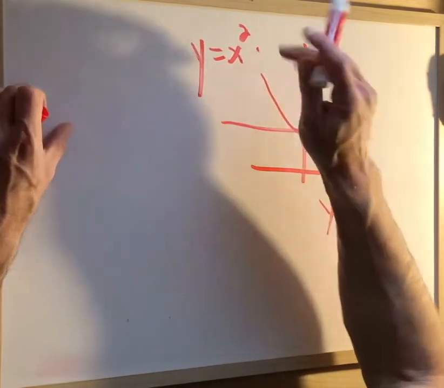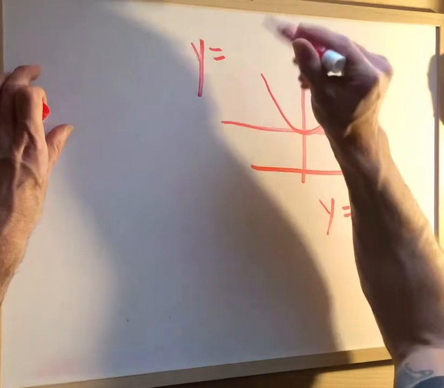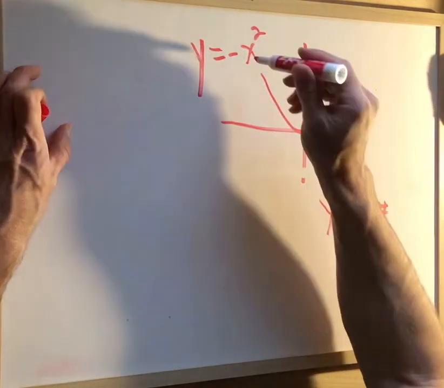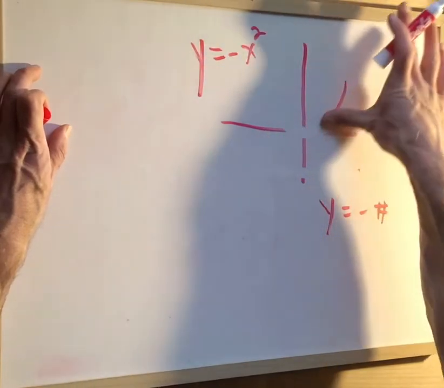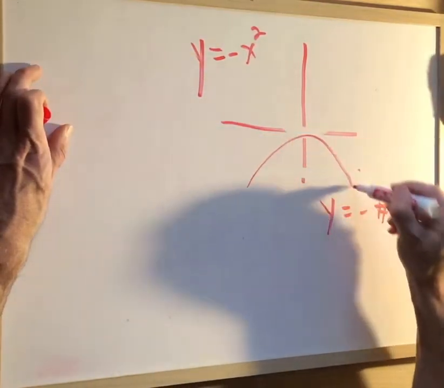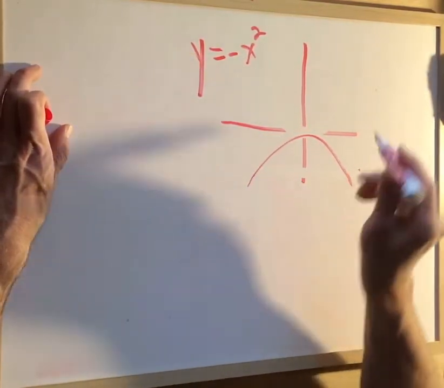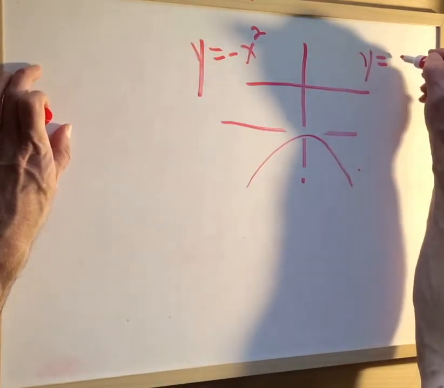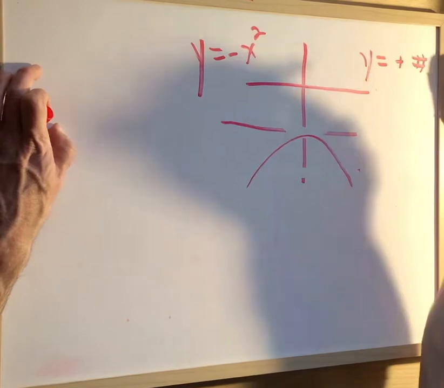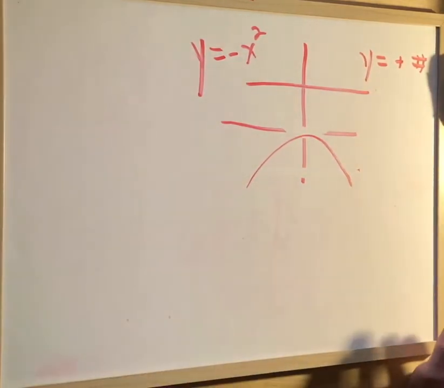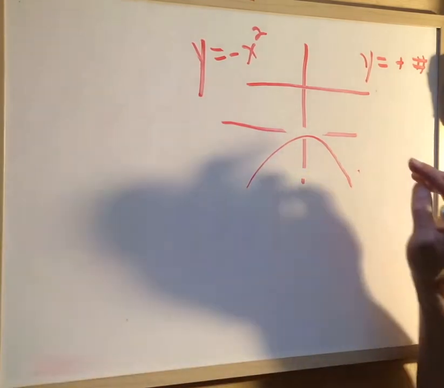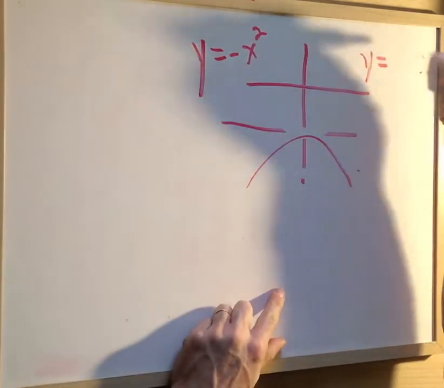Or if your shape is a negative x squared, it's going to look like this, giving you a directrix line up here, which is going to be a y equals positive number. Well, that's exactly what it looks like. See how my directrix is y equals a positive 5?